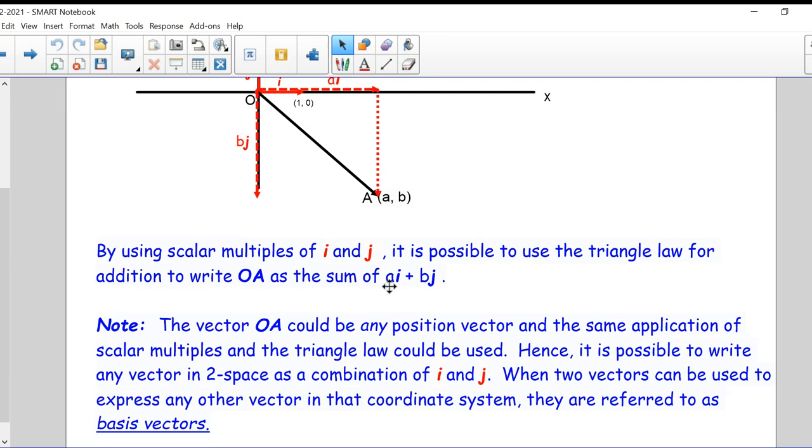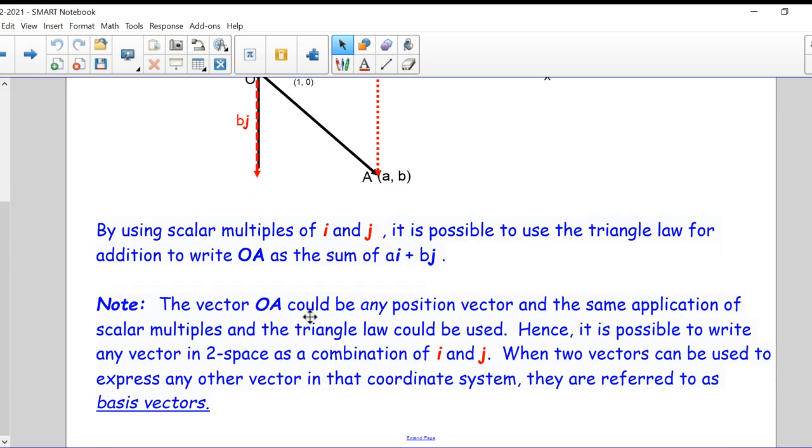So some scalar multiple of i and some scalar multiple of j, when I add those two together, I can get to any position I want. And this vector OA is what is referred to as a position vector. All a position vector is, is a vector that runs from the origin to some point in space. So as it says here, it's possible to write any vector in 2 space as a combination of i and j.